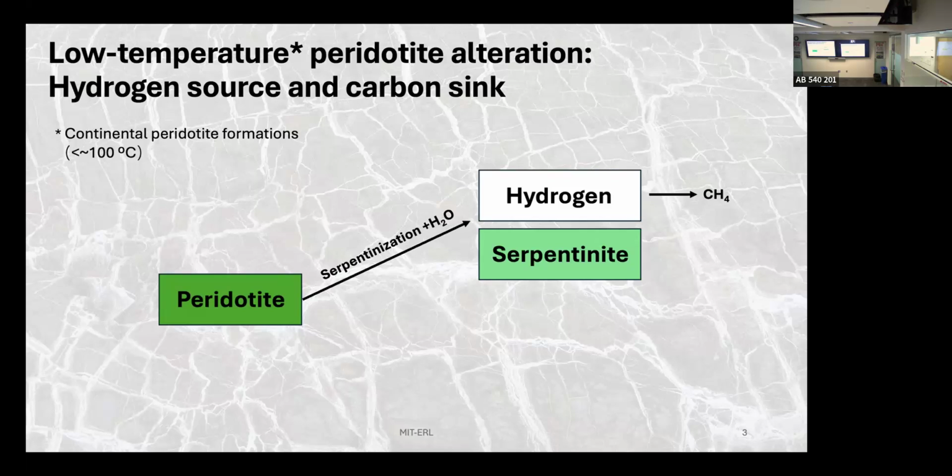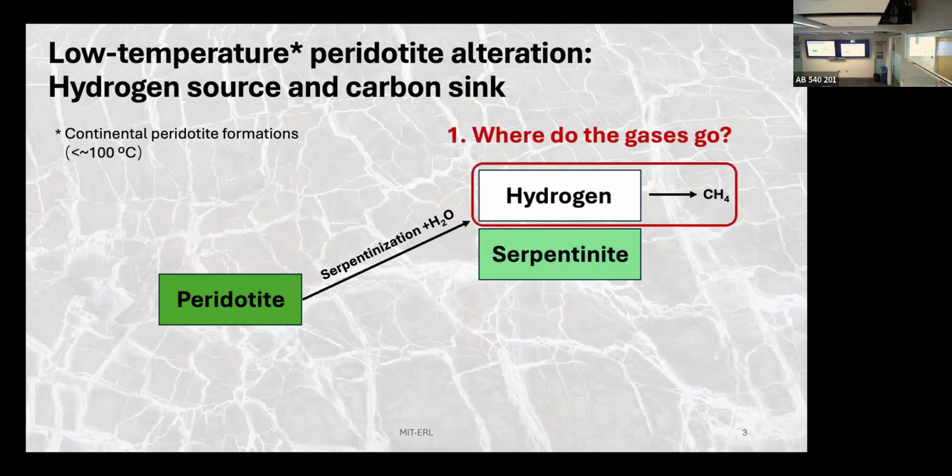Since people are getting more and more interested in harvesting the hydrogen produced in these pathways, an obvious question to ask is, where do the gases go in these peridotite formations? That's the first overarching scientific question I want to address in this talk.